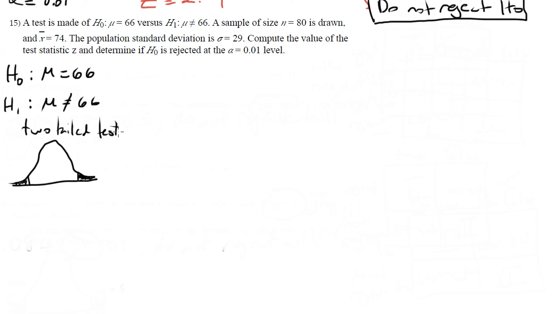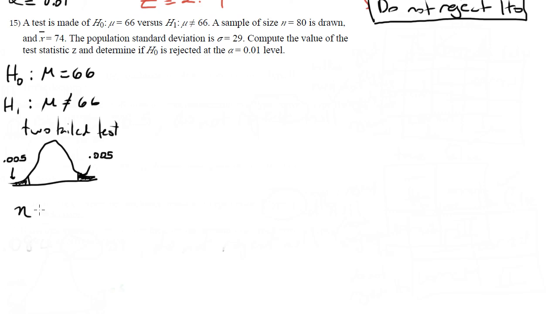And alpha is 0.01. So this is symmetric. We have to split that. 0.005 in each of these regions. It's like our Z alpha over 2 when we're talking about confidence intervals.